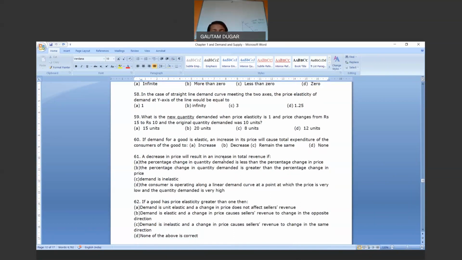Now, read question number 59 carefully. We have to use the formula: elasticity of demand equals change in quantity by change in price into price by quantity.